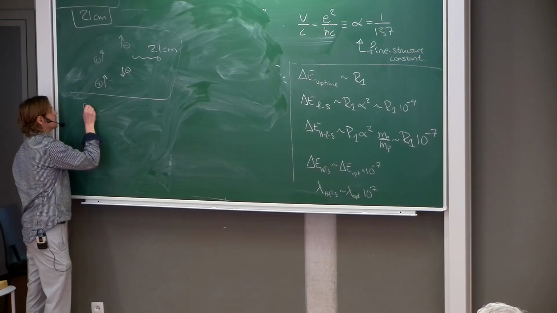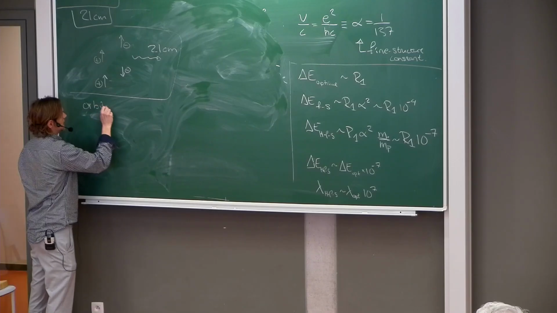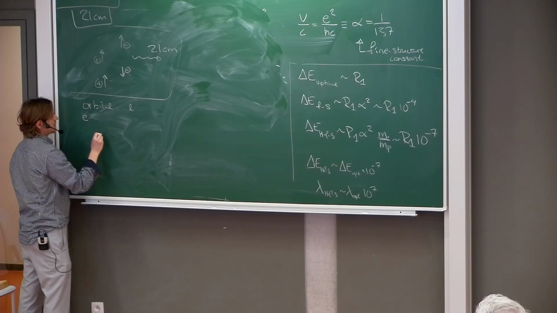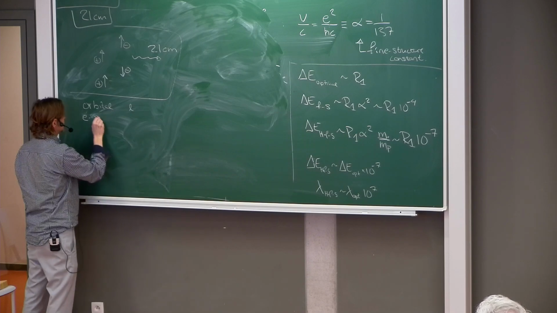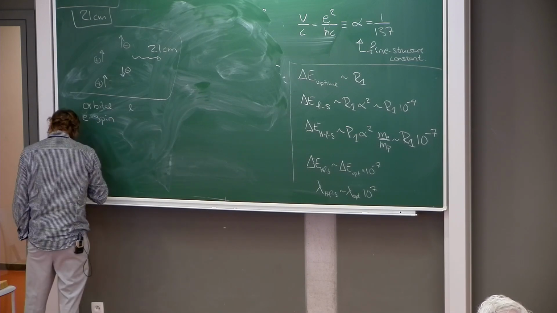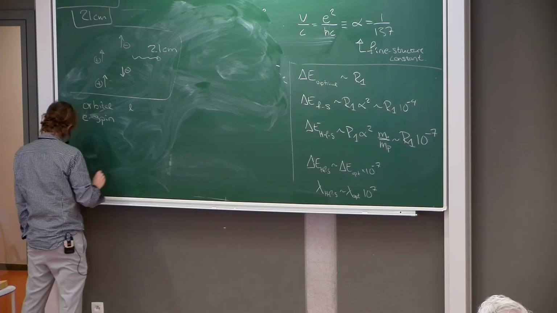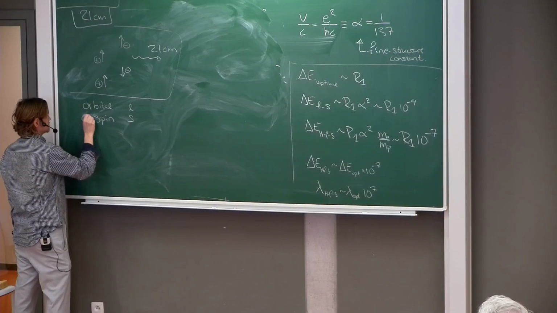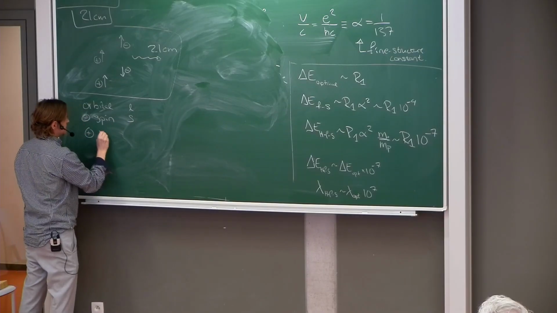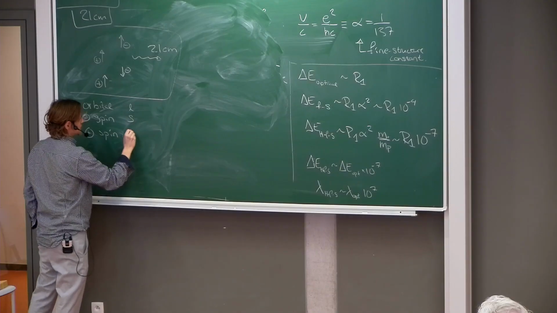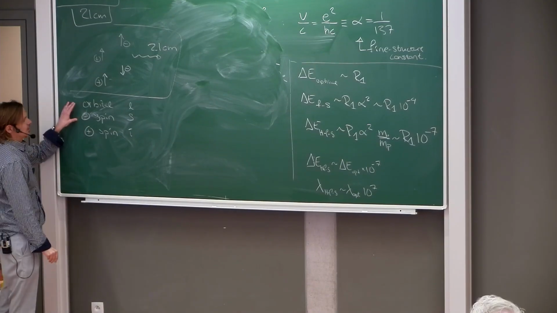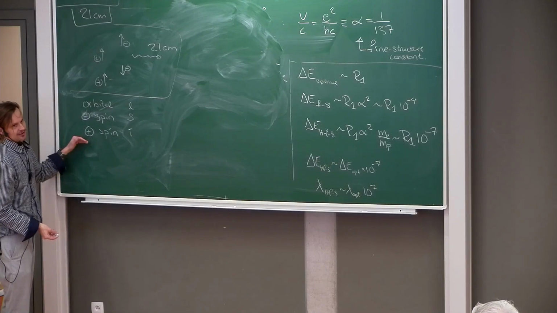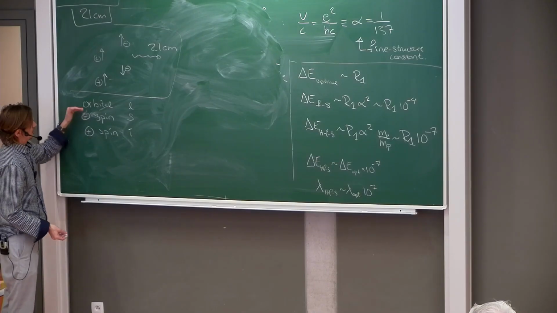We had the orbital, that was our L. We had the electron spin, which normally goes with S. And now we also put in the spin of the proton, which normally goes by I. So the quantity that is really preserved is the total angular momentum, not the individual ones.